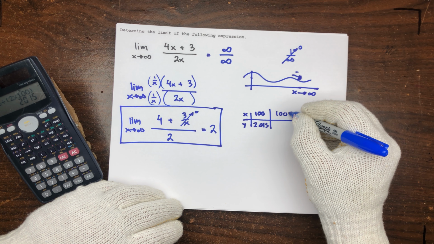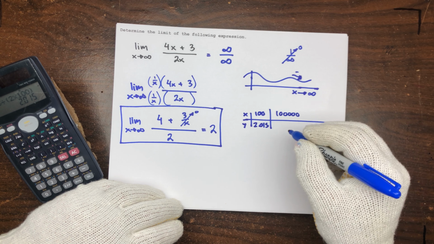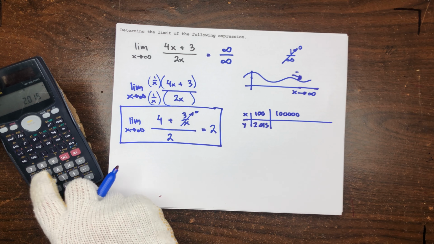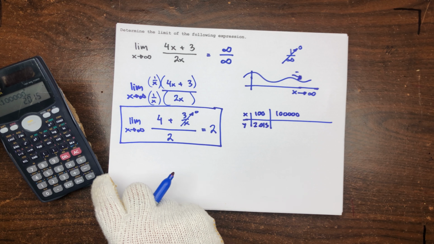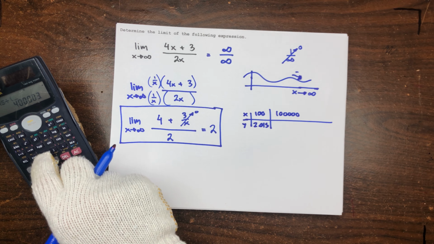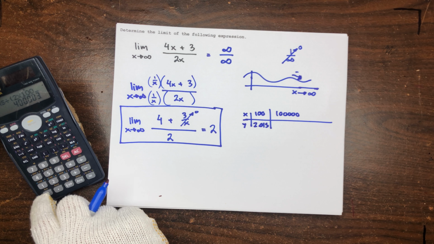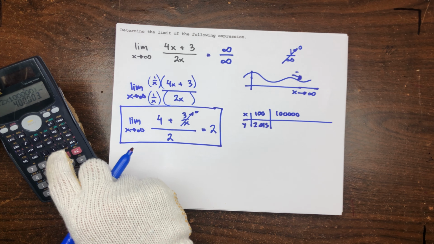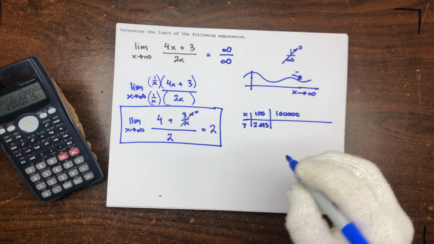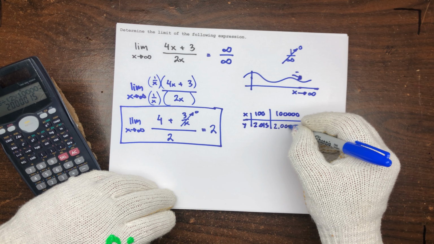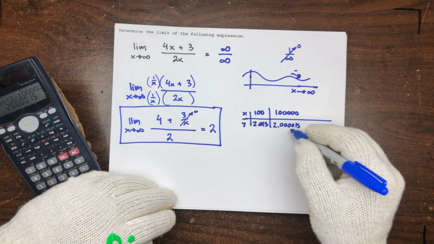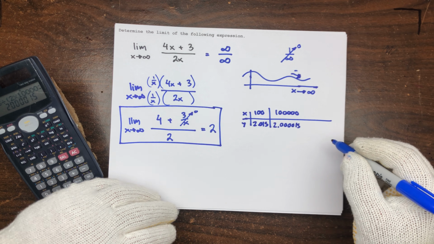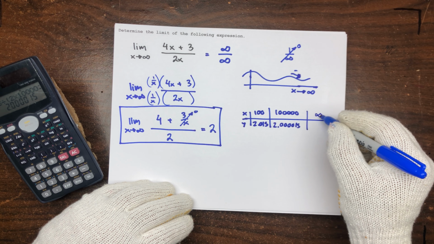Okay, let's try 100,000. 4 times 100,000 plus 3 divided by (2 times 100,000) is 2.000015. And I can already kind of see where this is going. So yes, this will be approaching 2.